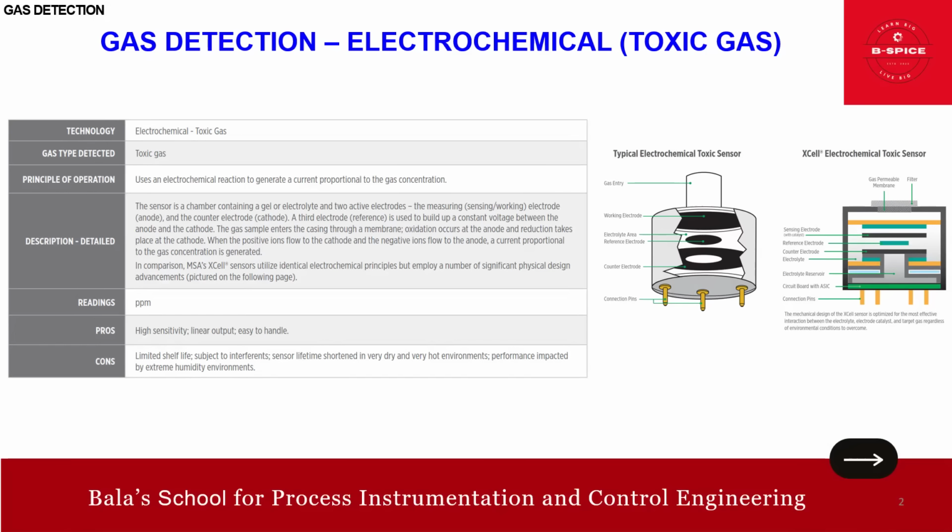When the positive ions flow to the cathode and negative ions flow to the anode, a current proportional to the gas concentration is generated. That's all about this electrochemical toxic sensor principle, friends.